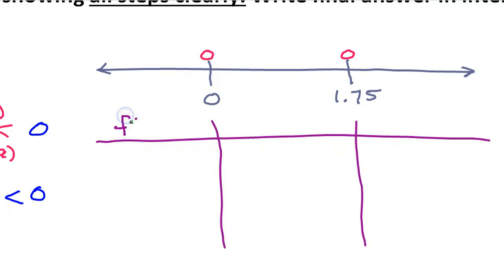How about evaluate the function at -1? Why not? Now here I need something between 0 and 1.75. How about 1? Seems like a nice value to use. Now how about something bigger than 1.75? How about 2? There are other values you could use, but these will work just fine.